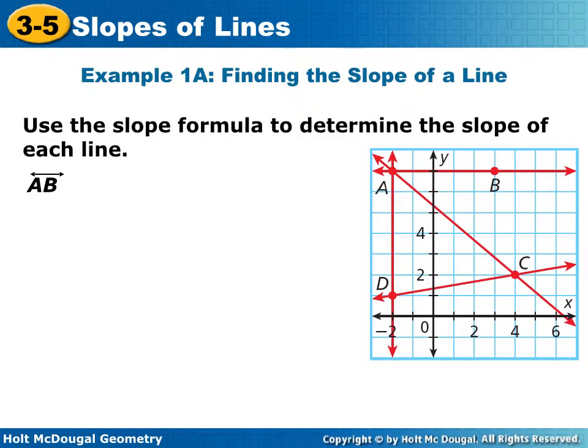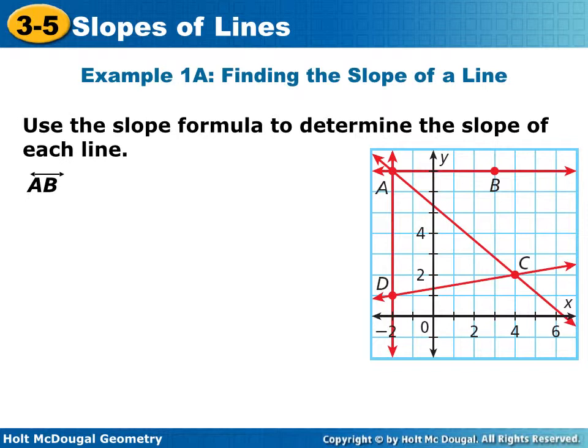Use the slope formula to determine the slope of each line, A to B. Let's work this one together. All right, so let's look at line A to B. Well, A is located at the point -2, 7, it looks like, and B is located at 3, 7.